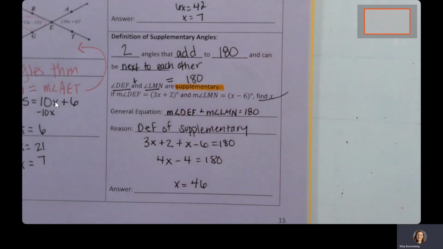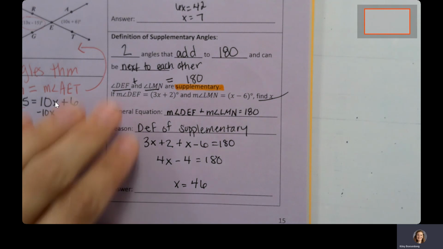And that gets you about 50% of the reasons, because we have bisects for angle bisector, we have definition of complementary, and we have definition of supplementary. So that's about half of the reasons we'll have a definition of.